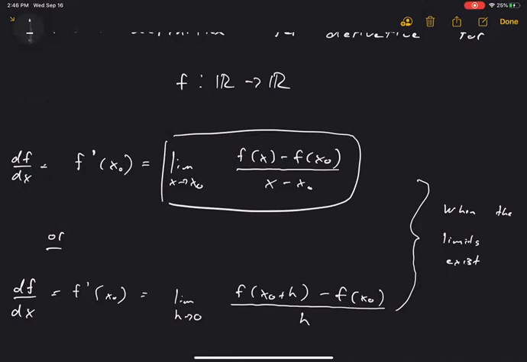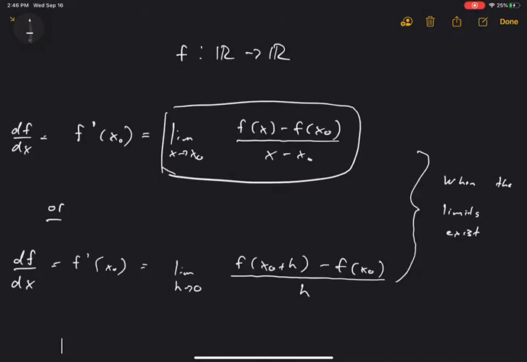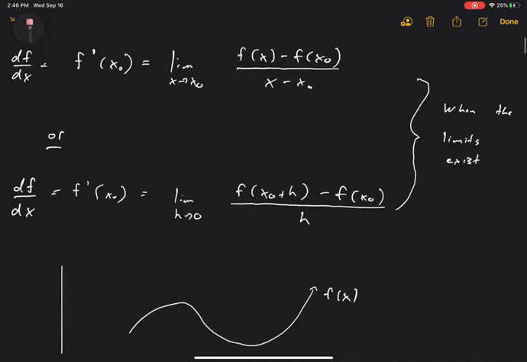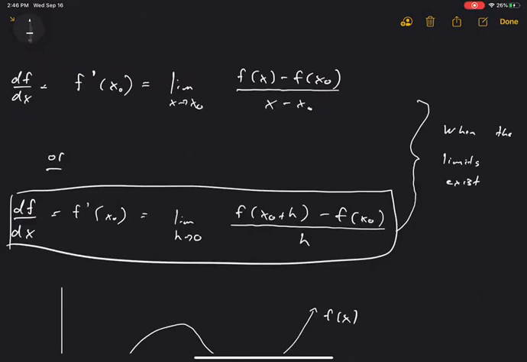We have f prime of x0 is equal to the limit as x approaches x0 of f of x minus f of x sub 0 over x minus x sub 0. And another way you might have seen it, and this is the notation that the book uses and that I'll use for the rest of this section, is that these two things are completely equivalent.